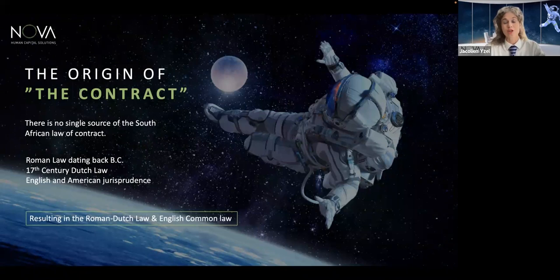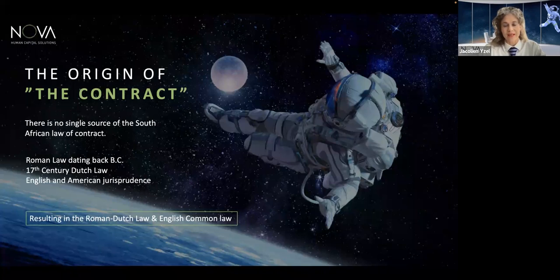And I would like to start off with a little bit of context as to where the law of contract for South Africa originated from. We are used to talking about this act number so-and-so from this and this year, but we don't have a Contract Act so-and-so from year 1993 or 1932.